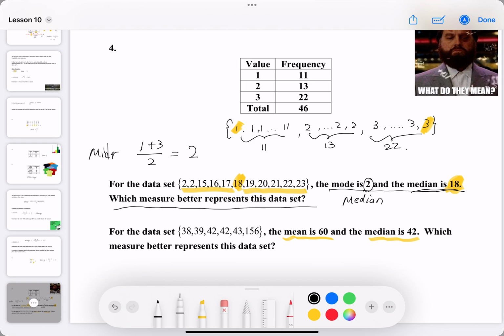The median is a better way to represent this data set, because if I choose the mean, 60 is more than 43. But most numbers are 38, 39, 42, 42, 43, and only one big number, 156. So the mean is at this position. It doesn't keep the balance of this data set. So I'm going to choose the median to represent this data set.